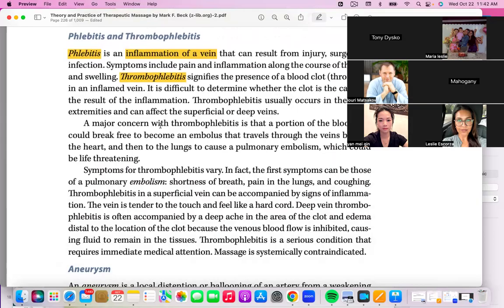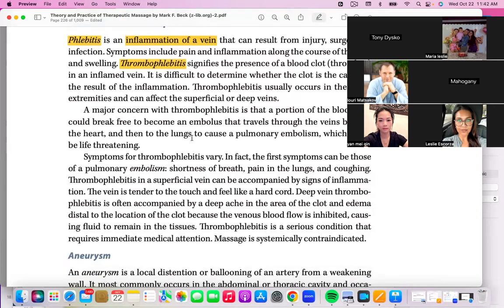Again, a major concern of thrombophlebitis is that a portion of the blood clot can break off, and you can put somebody in danger by breaking that thrombus, which becomes an embolism. And if it travels, there's nothing you can do about it. You can't stop it. It has traveled and it's going to make a block or a clot somewhere.